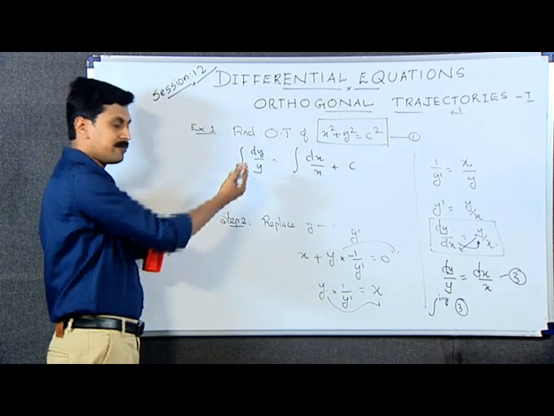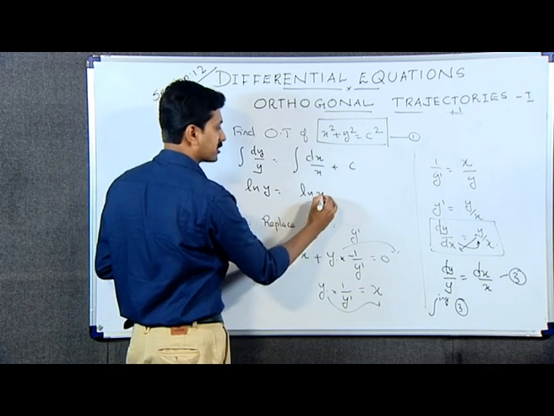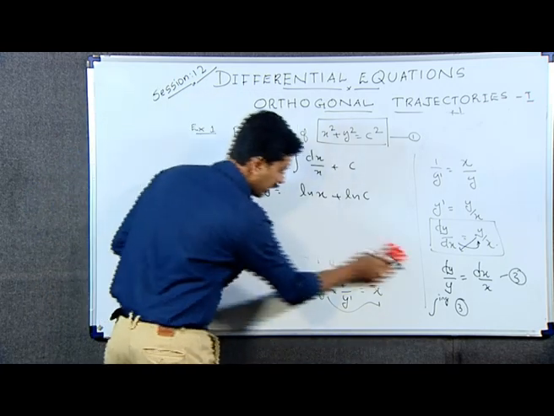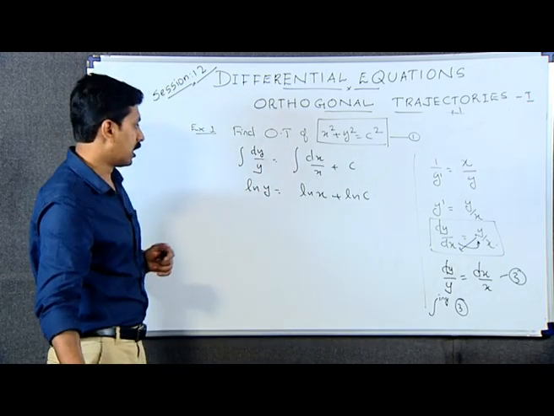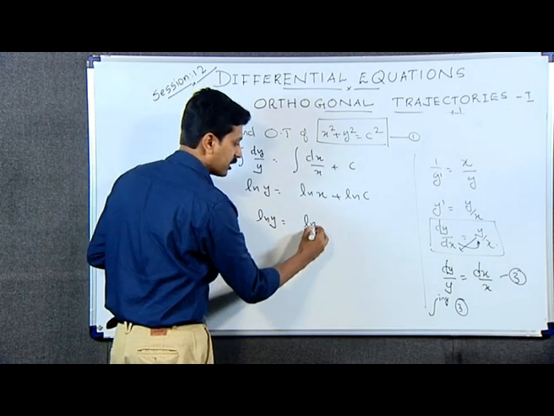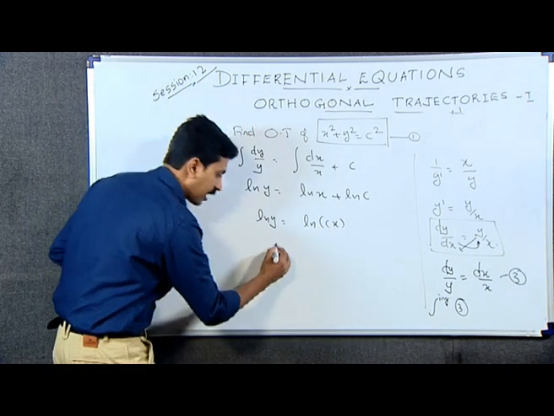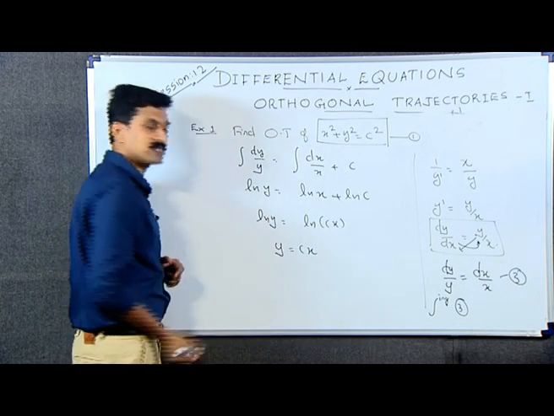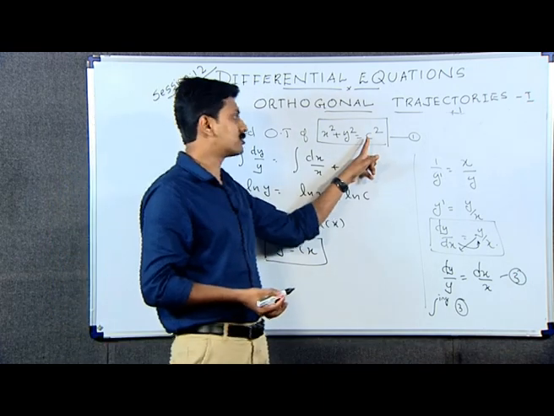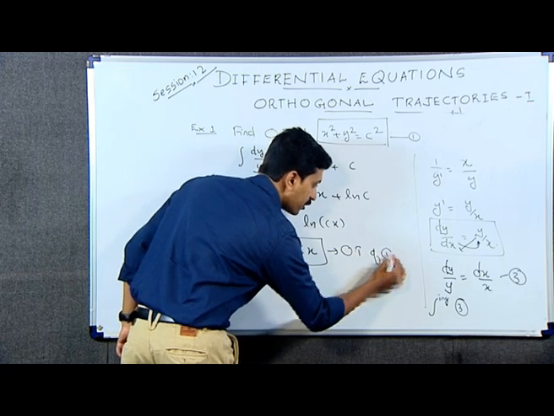So, integral of dy by y is log y, which is equal to integral of dx by x, log x. I am taking the constant as log c. So, log y is equal to log x plus log c, that is log of cx. Taking exponential on both sides, we can write y is equal to cx, and this is the family of curves which is orthogonal to 1. These are the orthogonal trajectories of family of curves 1.